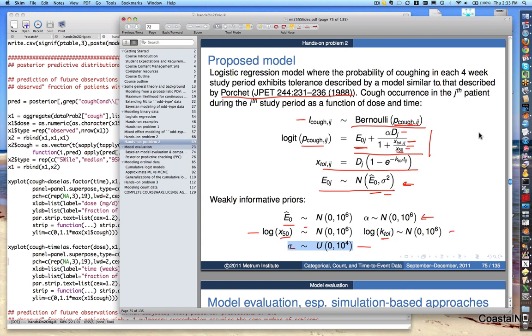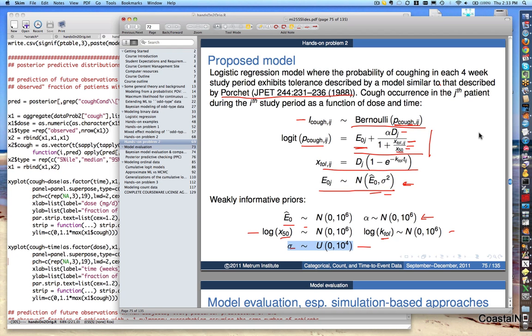It would be, let's see, I guess that would be the dose at which tolerance, let me think before I speak here.